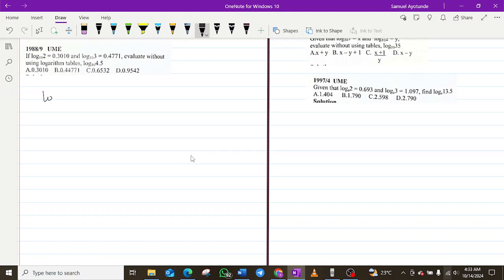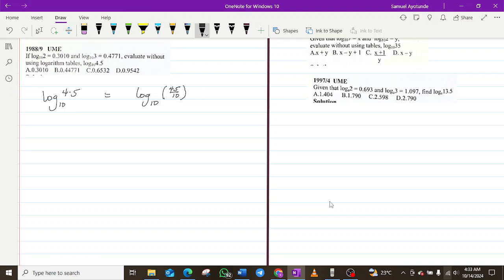So we have log 4.5 base 10. The first thing we have to look at is that we can express 4.5 in this form as 45 over 10.